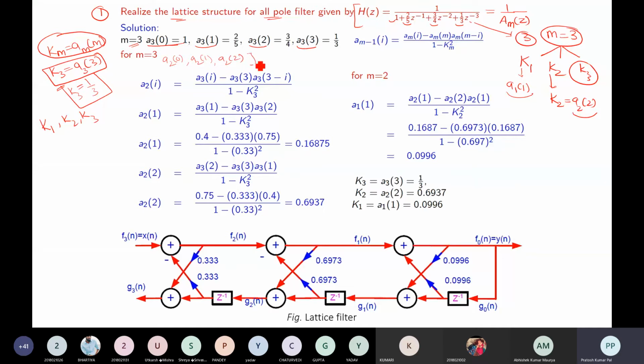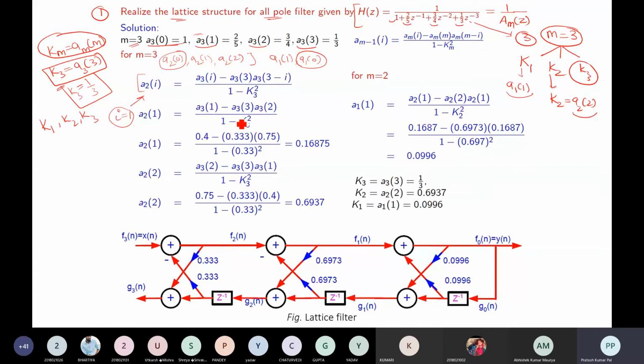Similarly, once we find this, we need to find a1(1) and a1(0). But this a1(0) is not required. Similarly, a2(0) will not be used. So we will only find a2(1) and a2(2). To find this, we put i equals 1. So a3(1) minus a3(3) into a3(2), these three values are already known here.